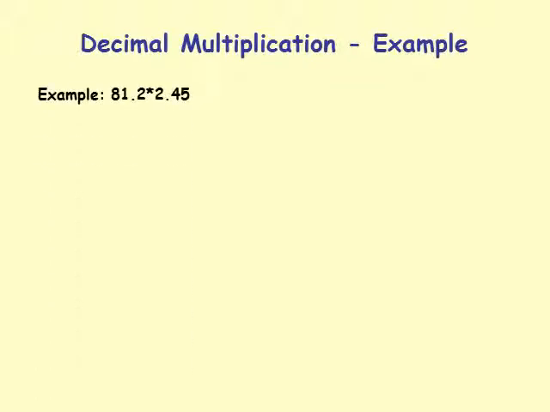Let's do an example. We're going to do 81.2 times 2.45. So what do we have? The exponent value of the result is minus 1 from here and minus 2 from the second operand, minus 3.